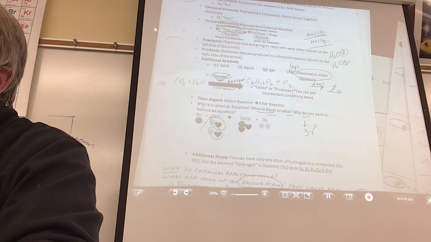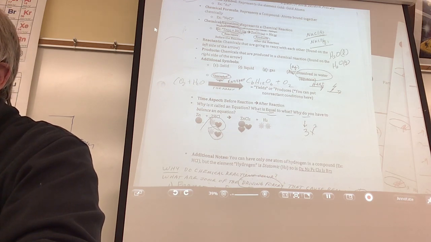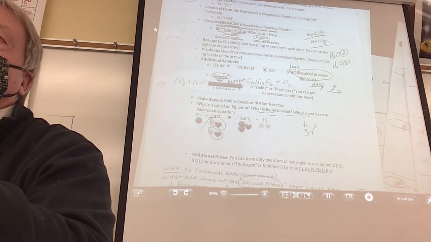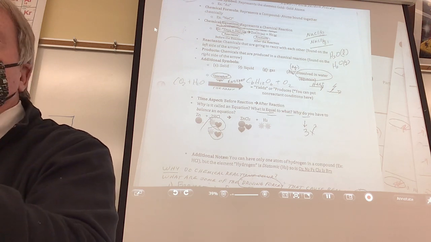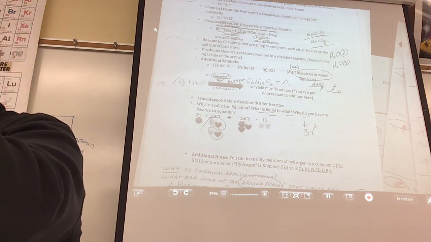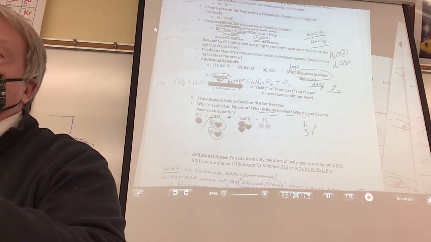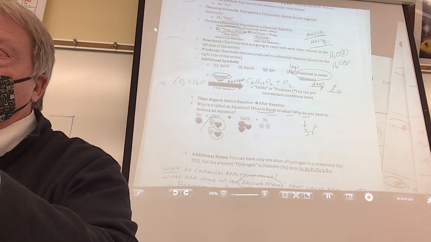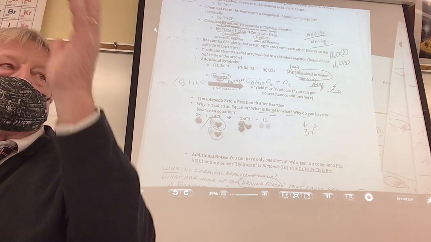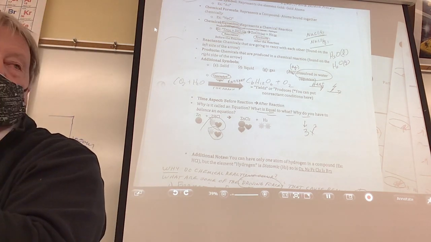Can I tell you something? You can't see steam. Everybody in here was taught when you see the little cloud to say steam. So here's what really happens. There is steam coming out right at the surface, and then that steam hits the cold air and turns back into a liquid.